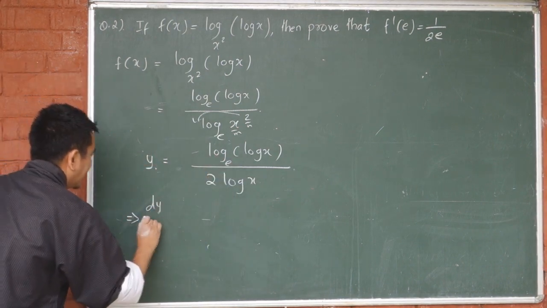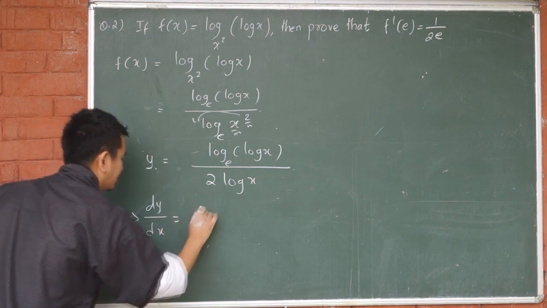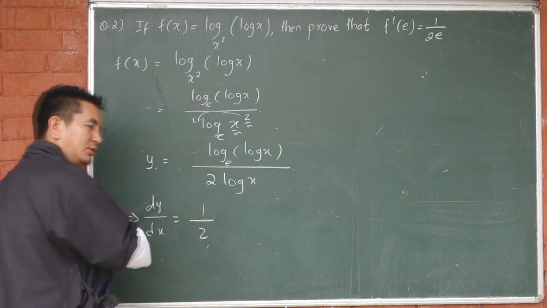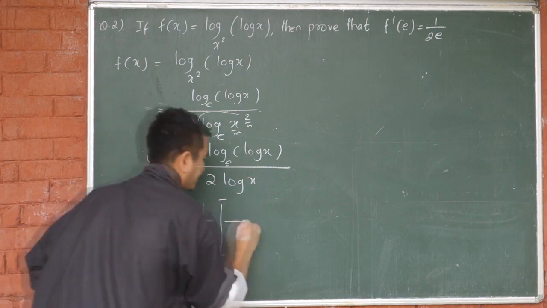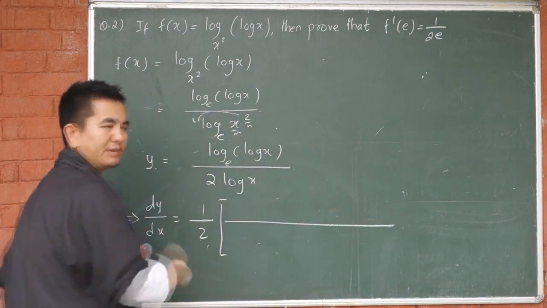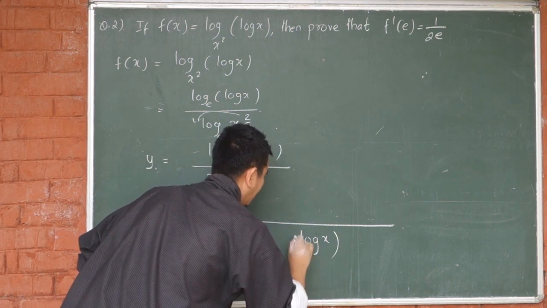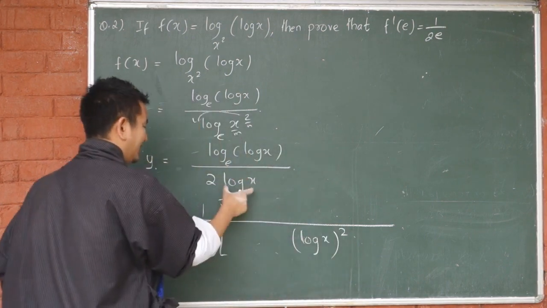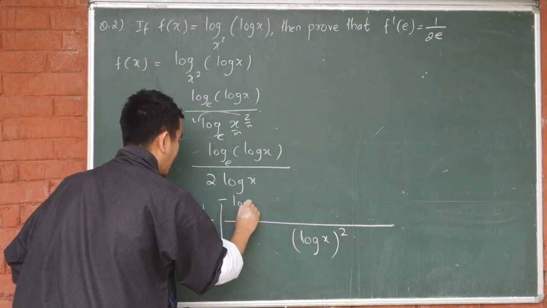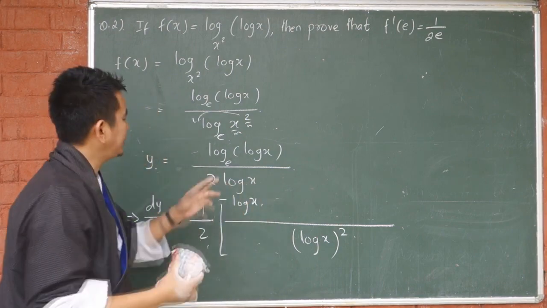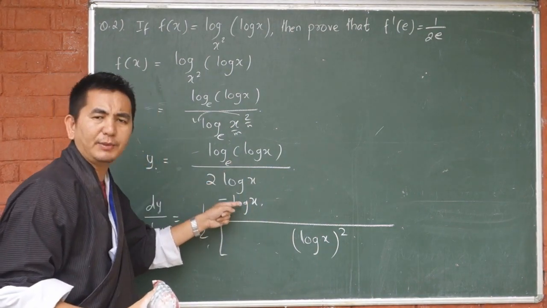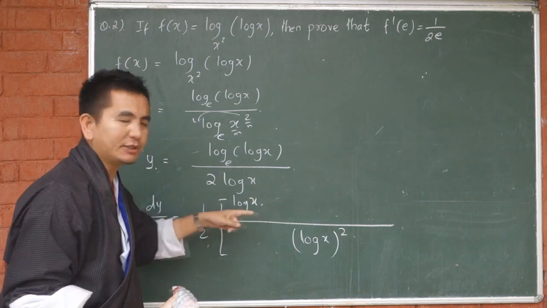So let me go with quotient rule. That implies dy by dx is equal to 1 by 2, which is a constant, so you keep it outside. Then it's v squared, which is log x whole square. Keep this v here, but differentiate u.